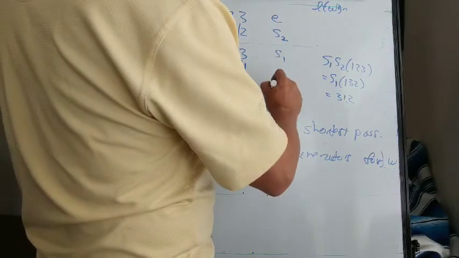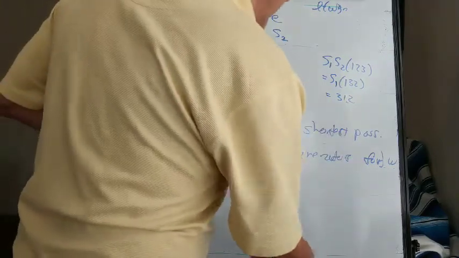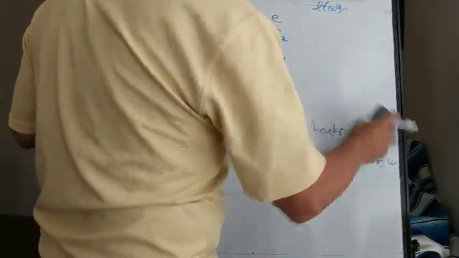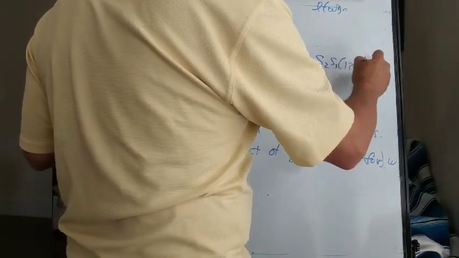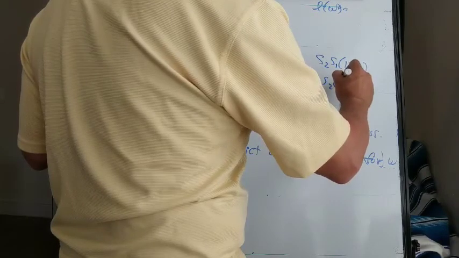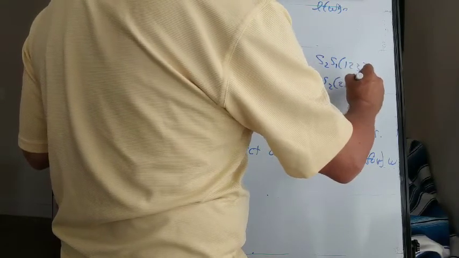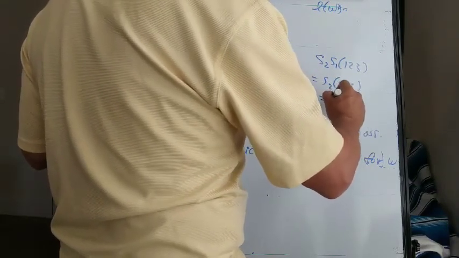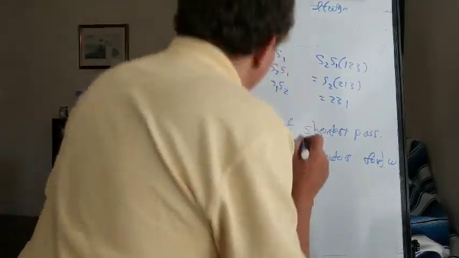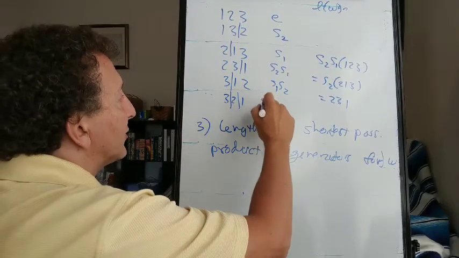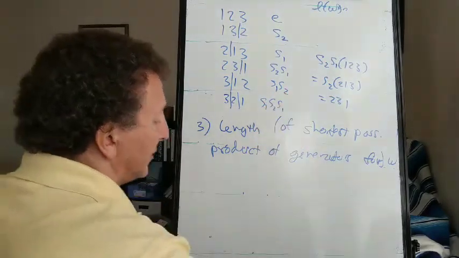So this one is S1, S2. And S2, S1 of 1, 2, 3 is S2 of 2, 1, 3, which is 2, 3, 1. So S2, S1. And then this one is S1, S2, S1.